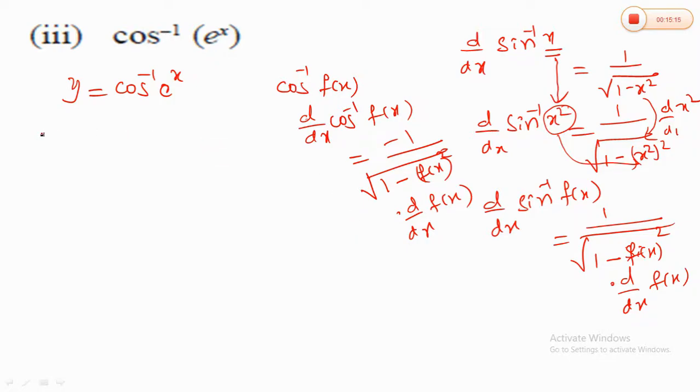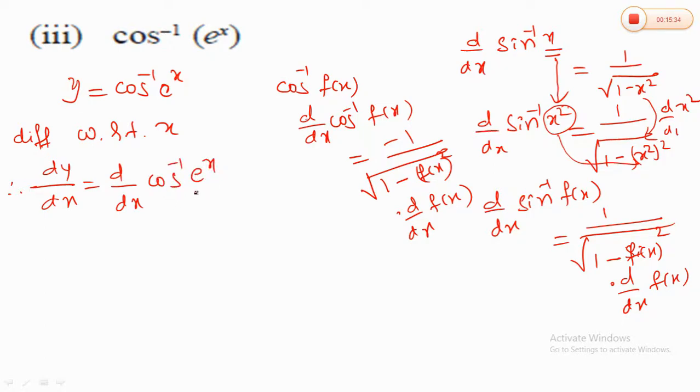So now come to this problem, that is differentiate with respect to x, dy upon dx equal to d/dx of cos inverse of e raised to x, that is cos inverse f(x).